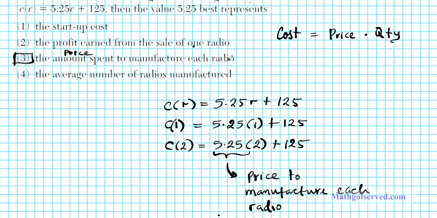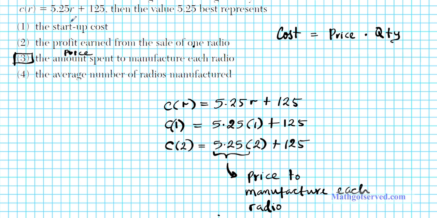All right, so how about this 125 in this cost function? What does it mean? It never changes, right? The price that is constant regardless of how many radios you manufacture is known as your startup cost. Startup cost doesn't depend on the number of radios you make. So the startup cost is 125. That's option number one.